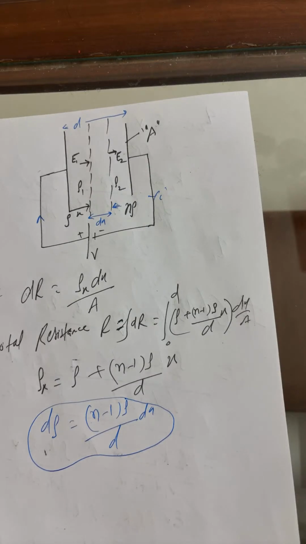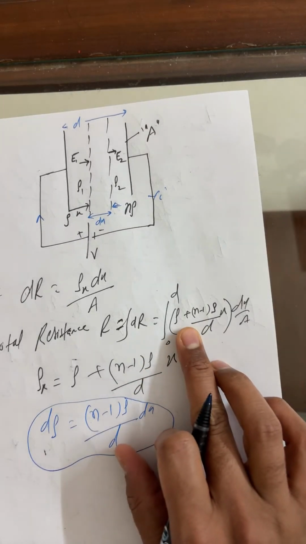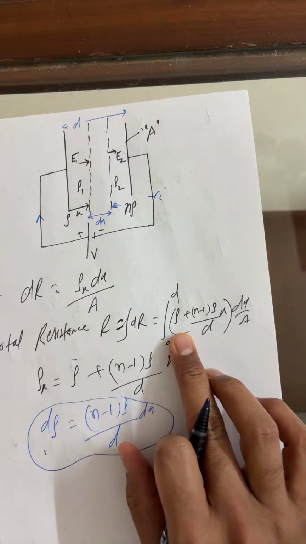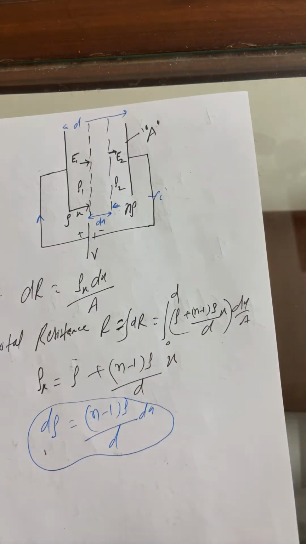So all these things I just put over there. Now just differentiate here and integrate once. So if I integrate, this is ρ, and we will get d by A.